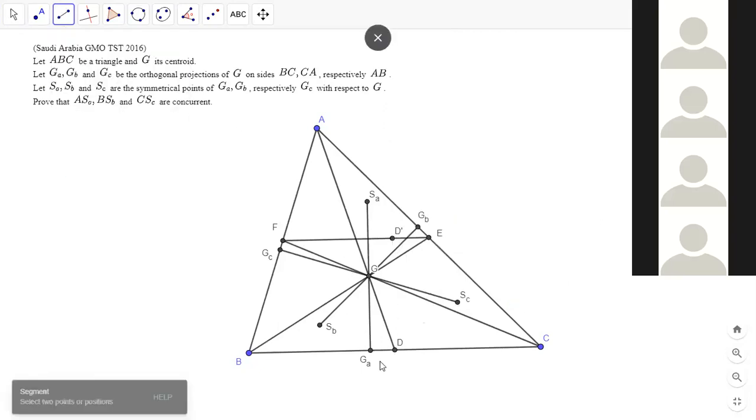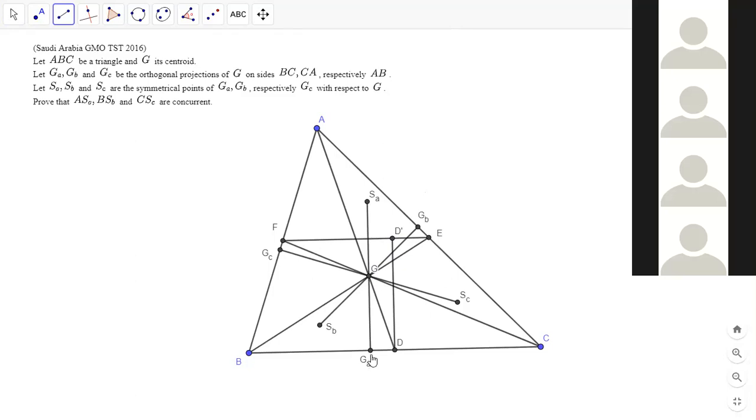Okay. So that's probably a homothety. We just need to prove that. To do that, we just have to show that AG over GS_A is AD over D prime, and that's just ratios, because we know GS_A is the same as GG_A.